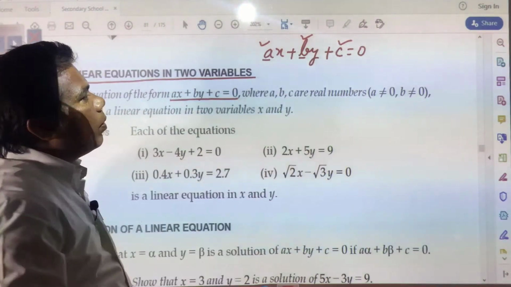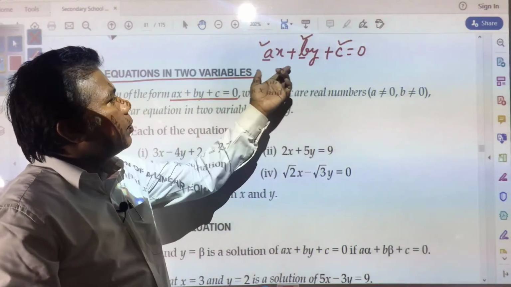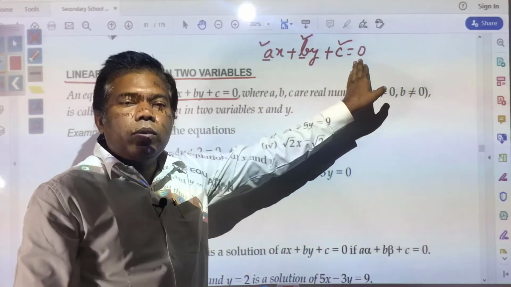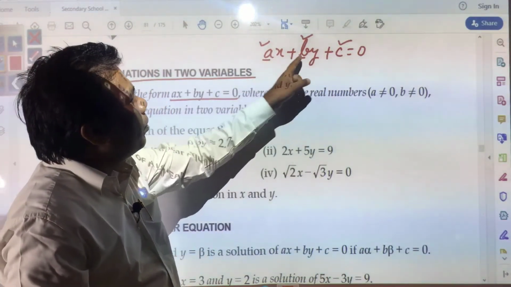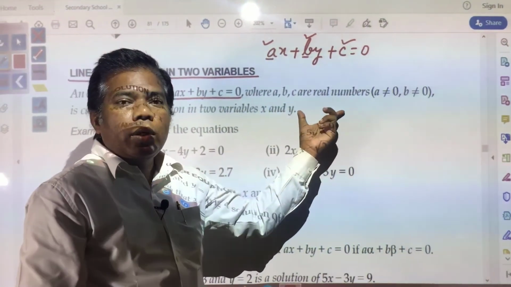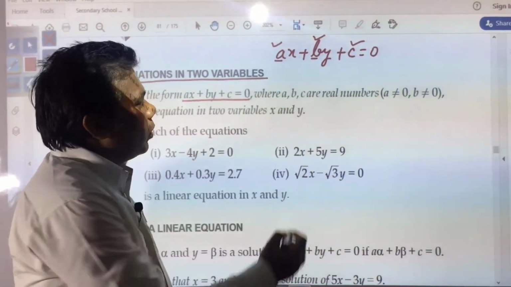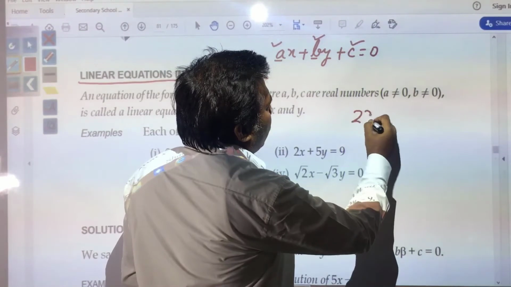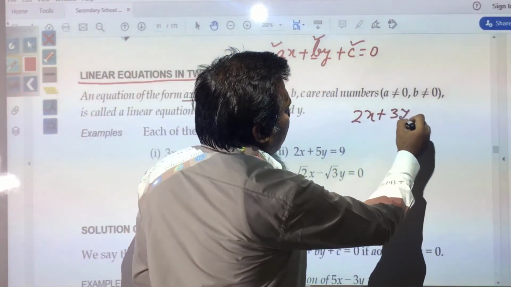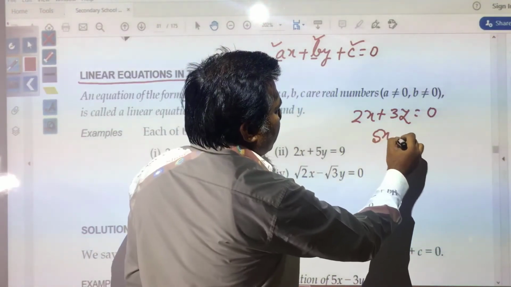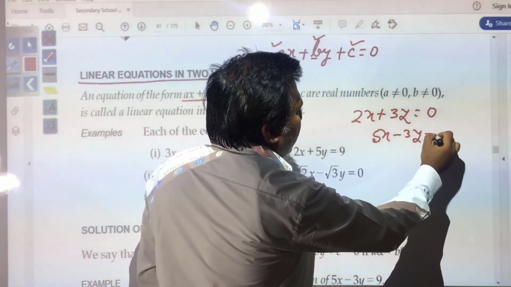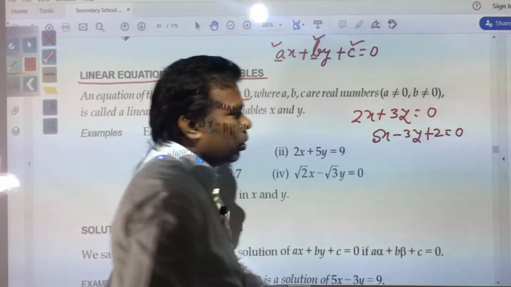So, in this form, if any equation you have ax plus by plus c is equal to 0, where a, b, c are real numbers and a and b are not equal to 0, then in this form any equation you will have, suppose 2x plus 3y is equal to 0 or 5x minus 3y plus 2 is equal to 0.